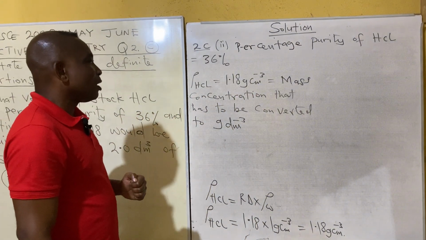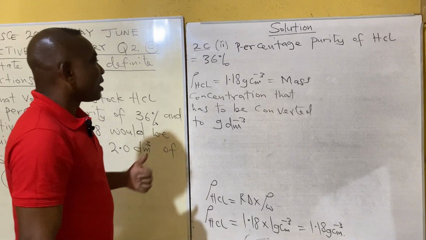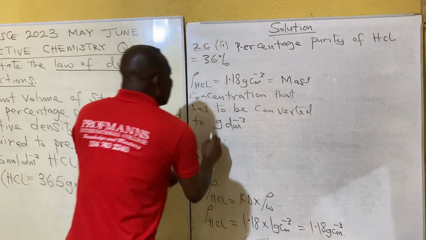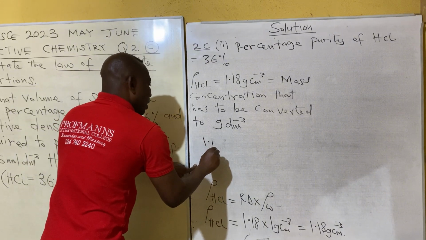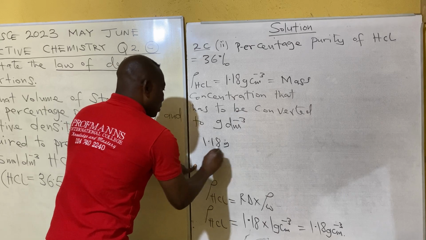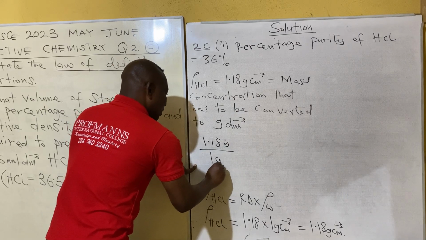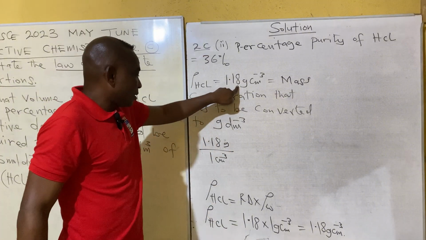The density of HCl, which is 1.18 g/cm³, is a mass concentration that is not standard. We need to convert it to standard mass concentration. This is 1.18 grams over 1 cm³.